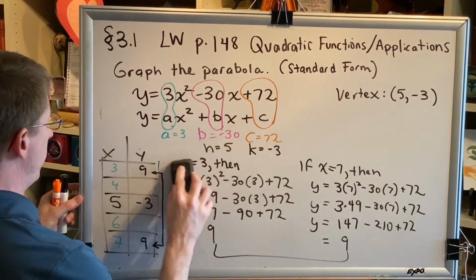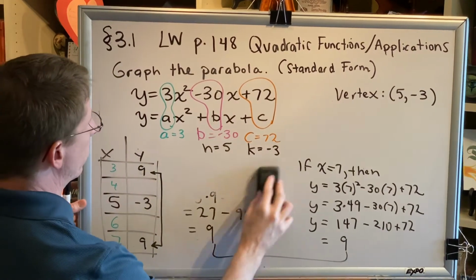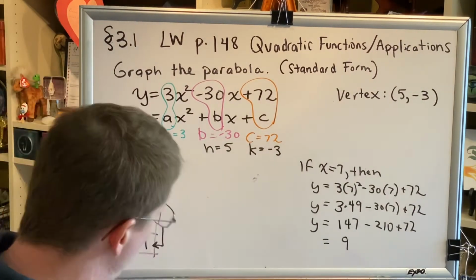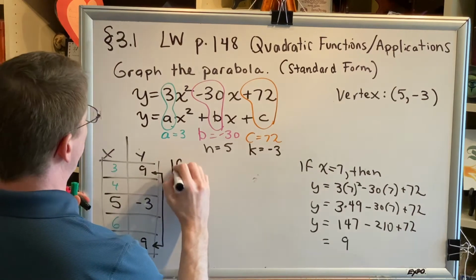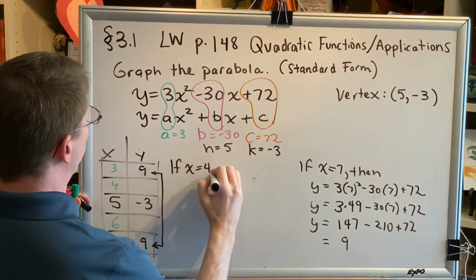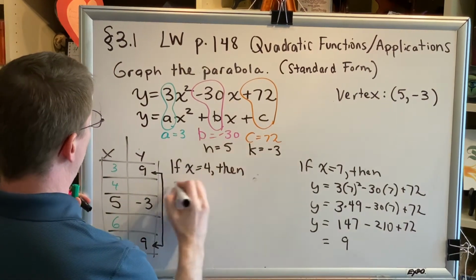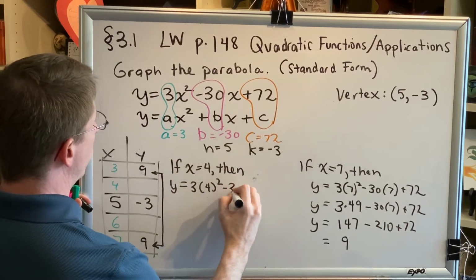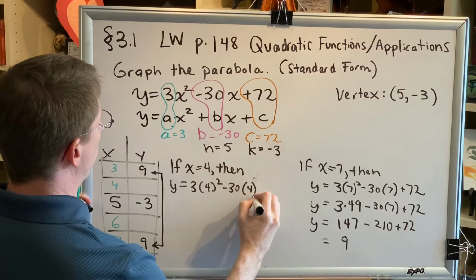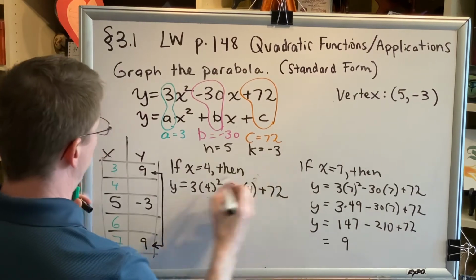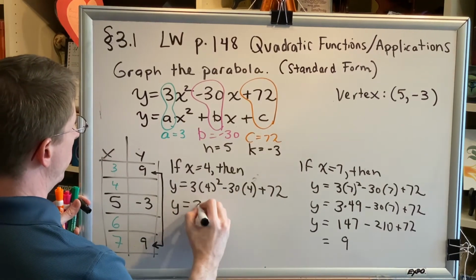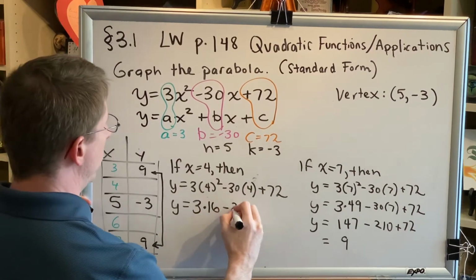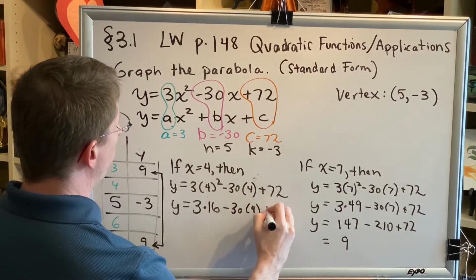That gives me confidence that I've probably got both of those numbers correct. All right, so now I just have to try x is 4 and x is 6. If x equals 4, then y equals 3 times 4 squared minus 30 times 4 plus 72. Exponents come first. 4 squared is 16, so I have 3 times 16 minus 30 times 4 plus 72.